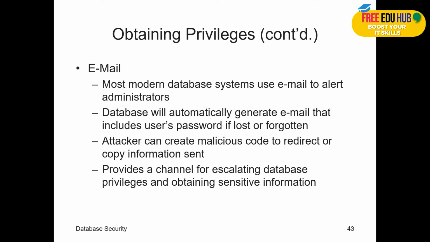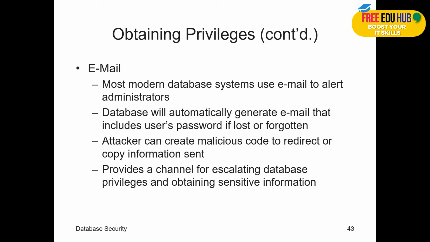Now, emails. Most modern database systems use email to alert the administrators. Databases will automatically generate an email that includes the user password if lost or forgotten. So if you have lost the username or the password and you request it, the database would send a query to the web server, and then it would trigger an email with a link that, if you click on it, lets you change the password, or redirects you to a page where you can enter a new username and password in order to get access.